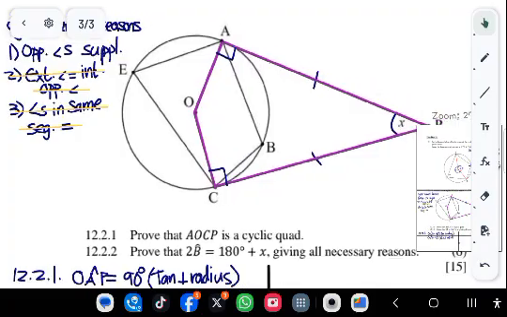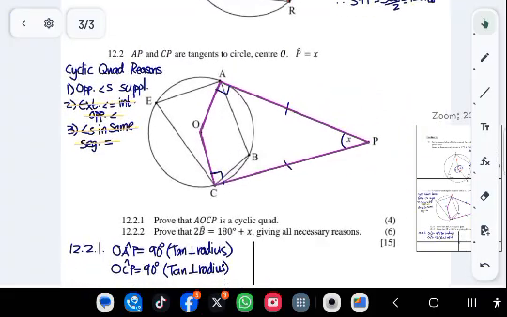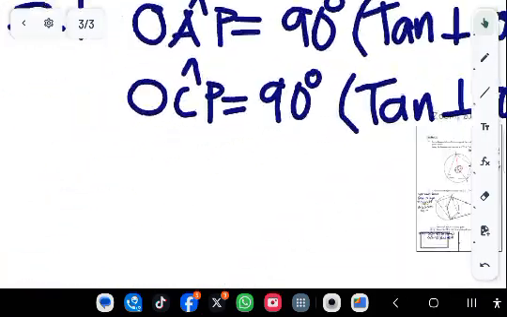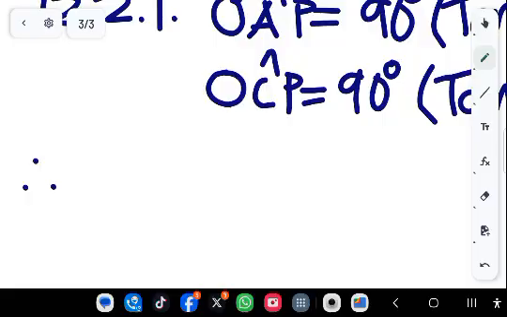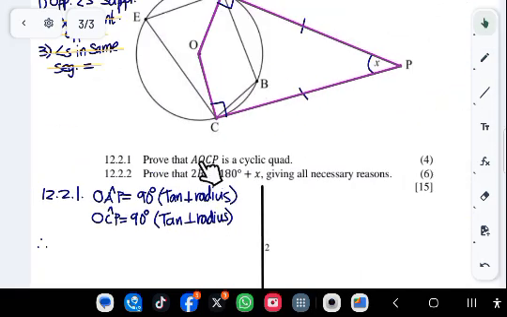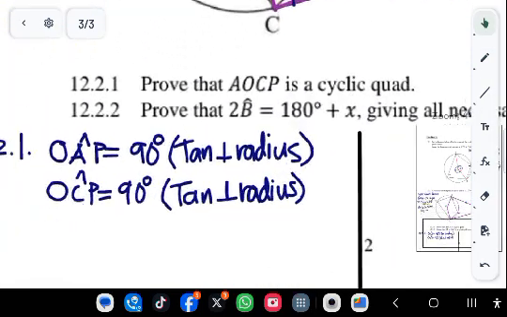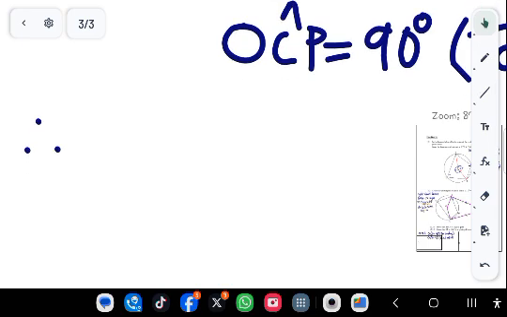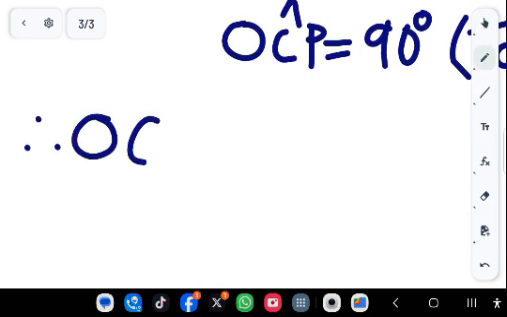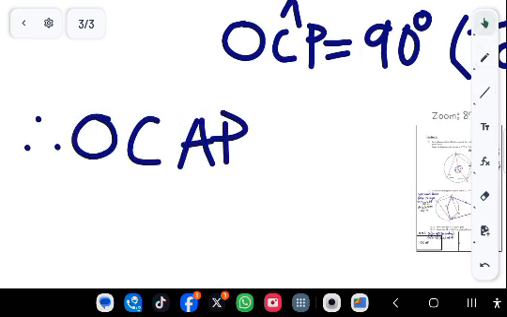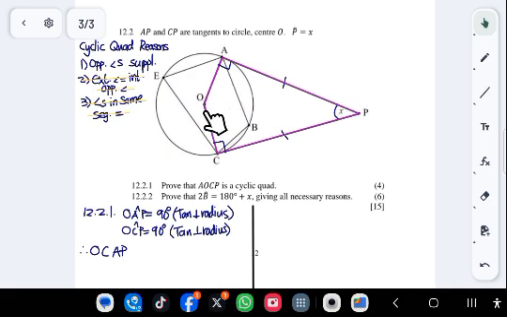And notice that these two are opposite angles of a quadrilateral. Therefore, AOCP is a cyclic quadrilateral.